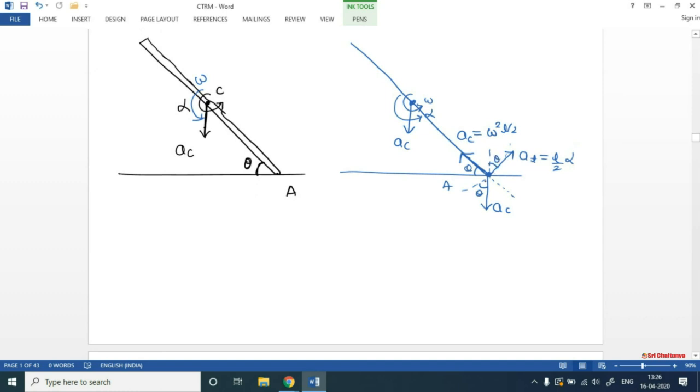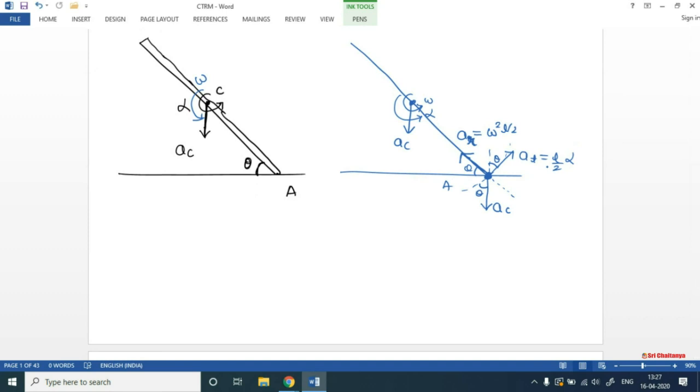Now we can write the constraint relationship for the acceleration of point A. This is radial, let's write. The acceleration of point A will only be along the horizontal direction, and the vertical component of acceleration is going to be equal to 0.